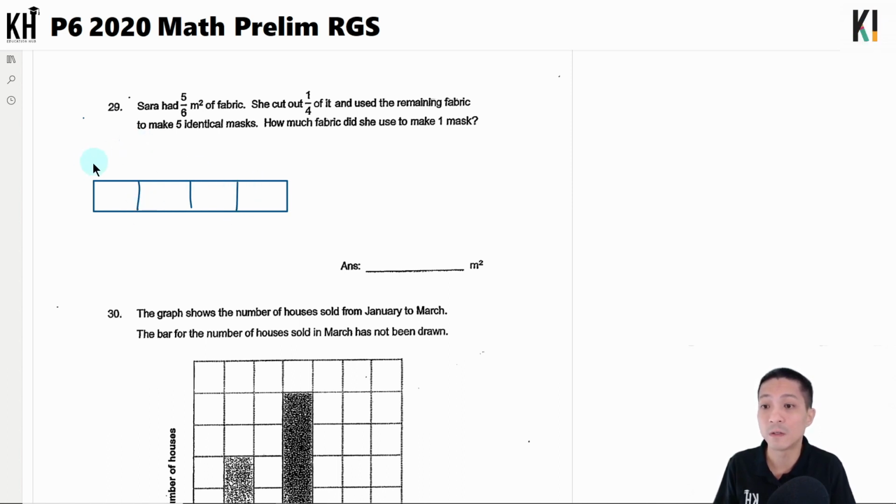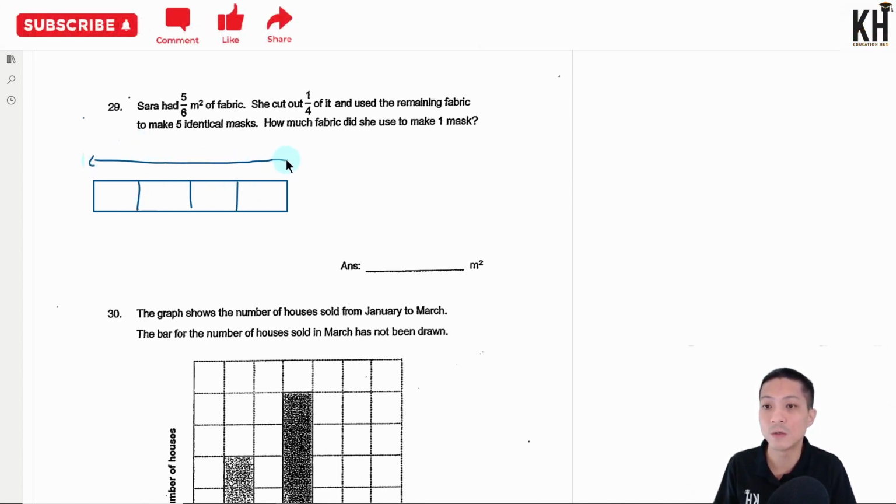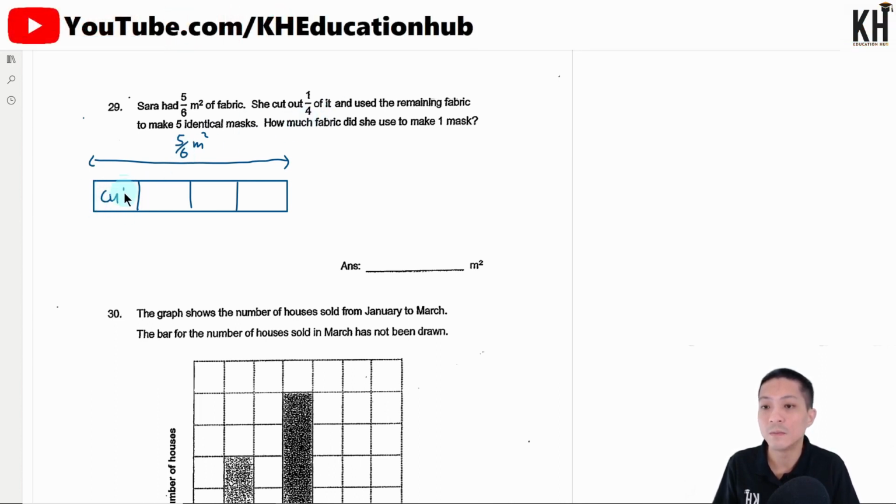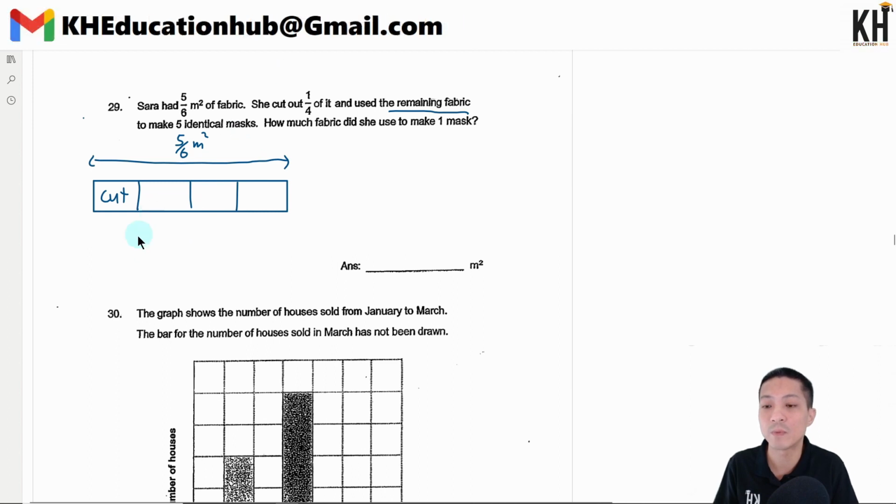Okay, cut into 4. So this whole fabric is 5/6 square meter. Okay, so she cut out a quarter of it and used the remaining fabric. So the remaining fabric, I always prefer to draw a separate block below here to represent the remaining fabric.